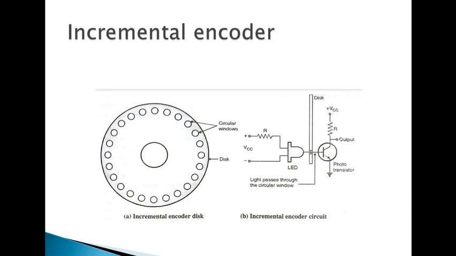On the left side is the incremental encoder disk, and the right side is the incremental encoder circuit. The incremental encoder produces a pulse for each increment of shaft rotation. This is the disk, the shaft is attached here, and as the shaft rotates, the disk will rotate.